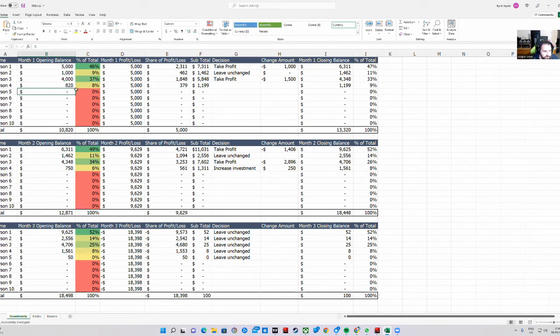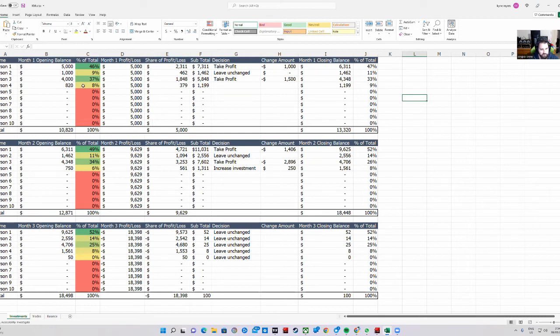So person 4, for the beginning of the month, will now get 8% back of profit at the end of the month. Person 4 would get $5,000. So this shows the total amount of profit that we've made for the month.